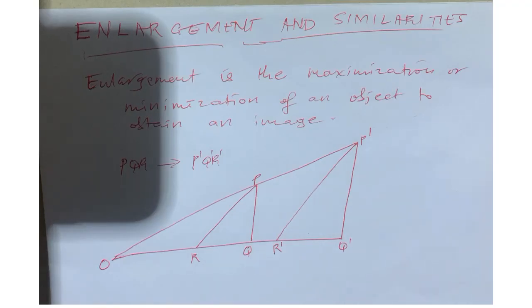and similarities. Enlargement is the maximization or minimization of an object to obtain an image. Right, so when we talk about similarities, when we say something is similar, we're trying to say that if it is an object, then that object being similar to another object means that they are the same, right?